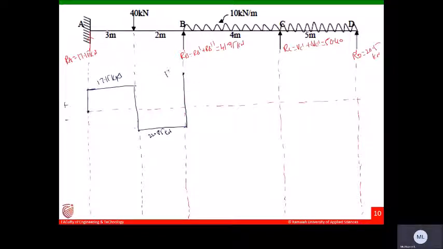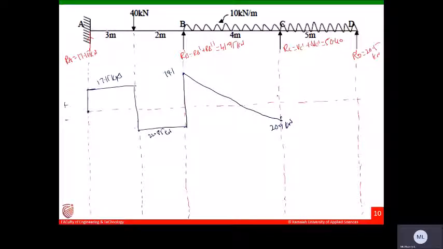Then plus 19.1 minus 10 into 4, it's a 40, so it is 20.9. So it comes somewhere at 20.9 kilonewtons.